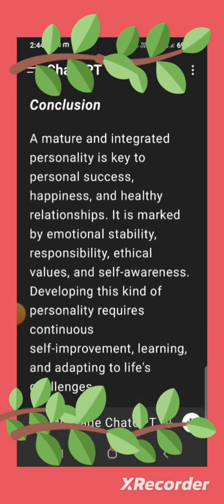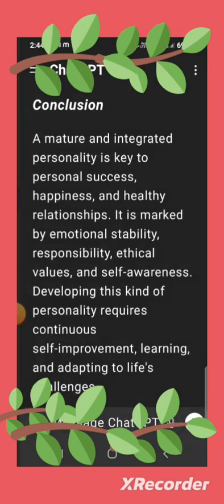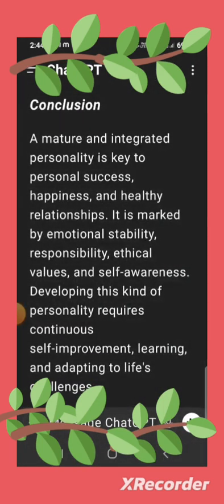So, a mature and integrated personality is key to personal success, happiness, and healthy relationships. It is marked by emotional stability, responsibility, ethical values, and self-awareness. Developing this kind of personality requires continuous self-improvement, learning, and adjustment to life challenges.